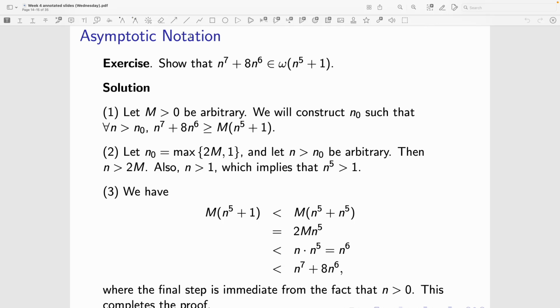So of course, if you graphed these, it would look something like this: n to the 7 is over there, and n to the 5 plus 1 is over here. Eventually, n to the 7 will have values greater than n to the 5 plus 1 for all values of n beyond a certain point.